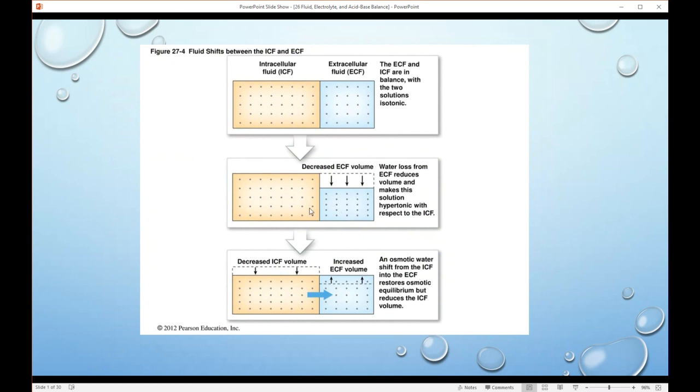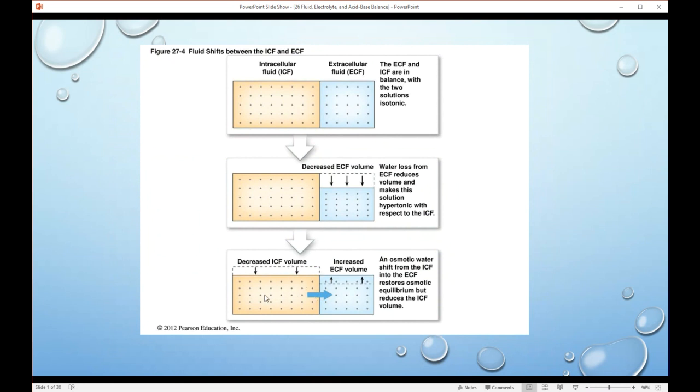And when this happens, where would the water shift? The water would shift over here. It wants to spread it out, to make sure that those solutes are spread out evenly.